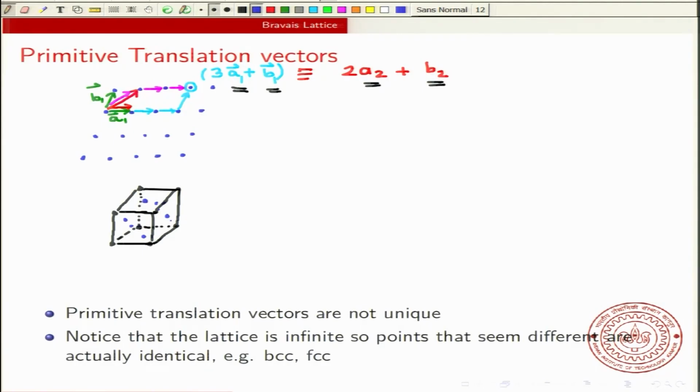Okay, one is a corner, one is a face center. However, if you keep in mind that the lattice is infinitely extended in all directions, okay, we will just extend, and I will show this by extending the blue points which are the face centers. So, if you take this blue point and you have a blue point on the neighboring unit cell, okay, it will appear at this point.